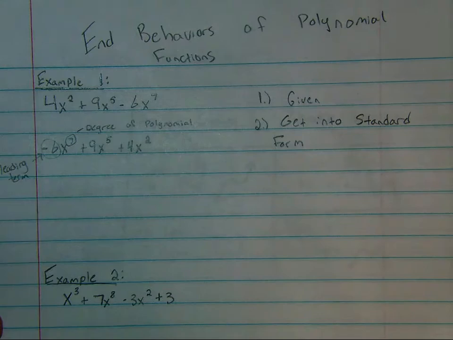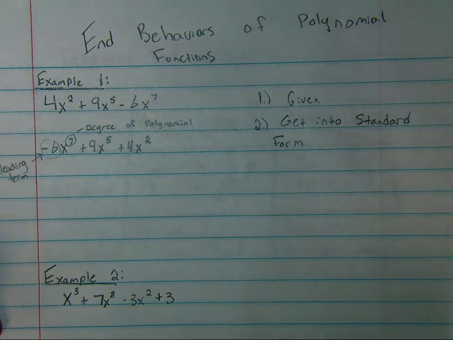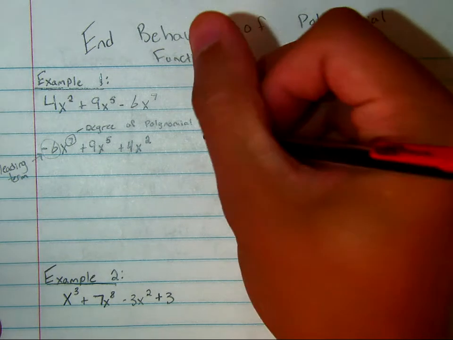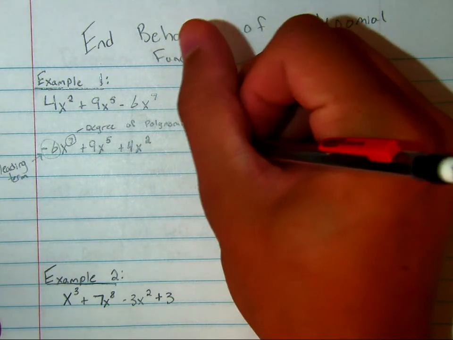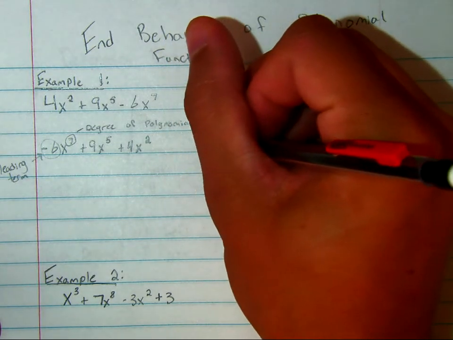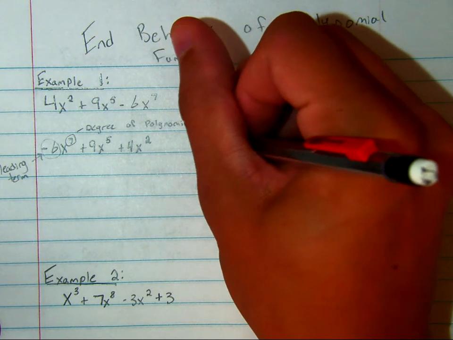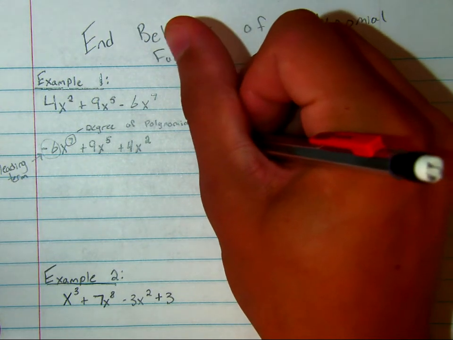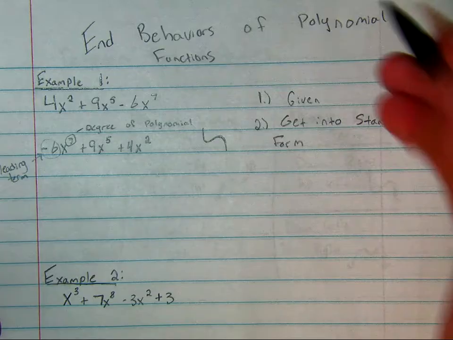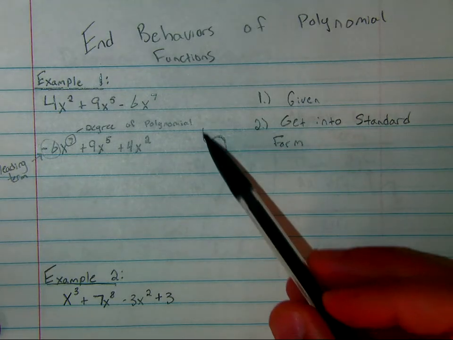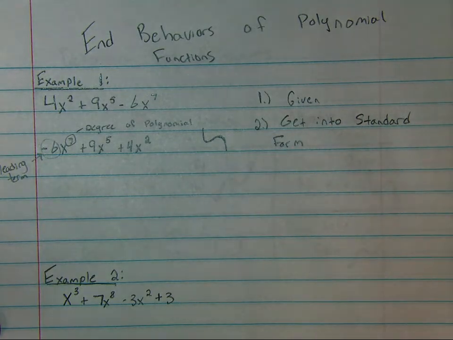What that's going to do is tell me the end behaviors. What I mean by end behaviors is if I were to draw this out, it would look something like this, and I want to determine what my end behaviors are. Am I going up or am I going down?